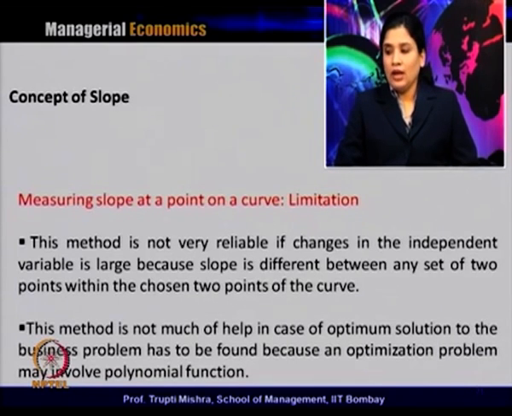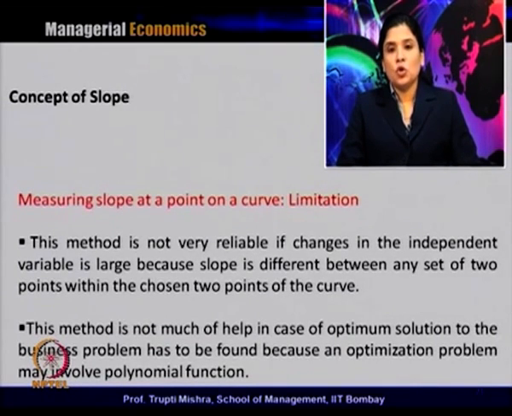This method may not be reliable, particularly when the change in the independent variable is large, because slope is different for any set of 2 points within the chosen 2 points of the curve. The method is also not much help in finding an optimum solution to a business problem, because an optimization problem may involve a polynomial function.